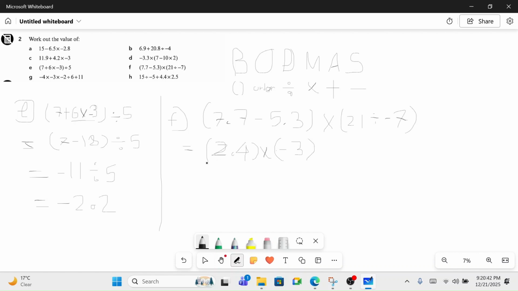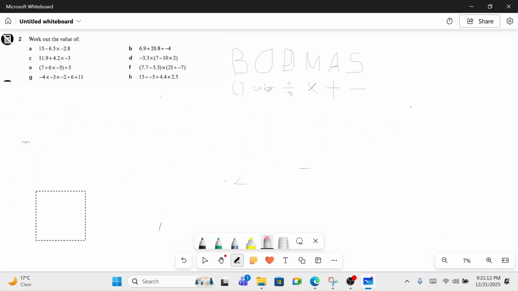Now we just multiply this entire thing. So minus 3 times 2.4 should give us an answer. Let me write that down. It gives us an answer of minus 7.2. Okay. So let me clear this out for the next questions to fit in.